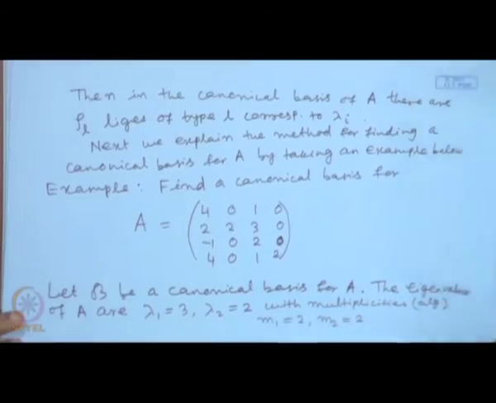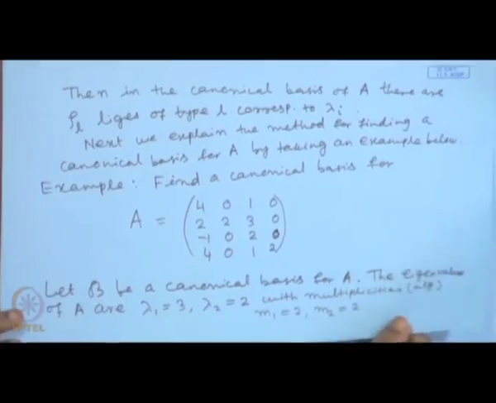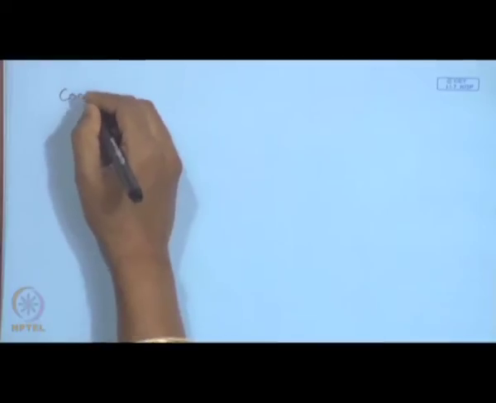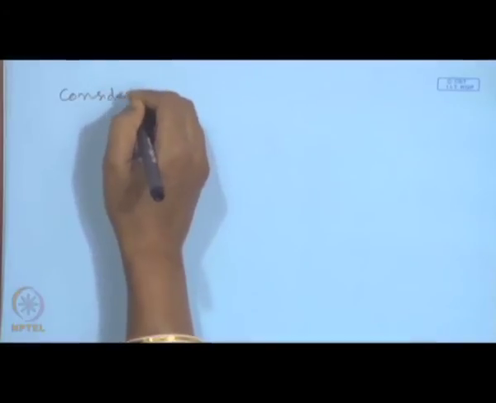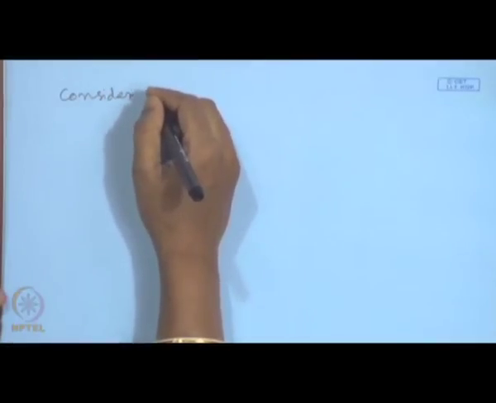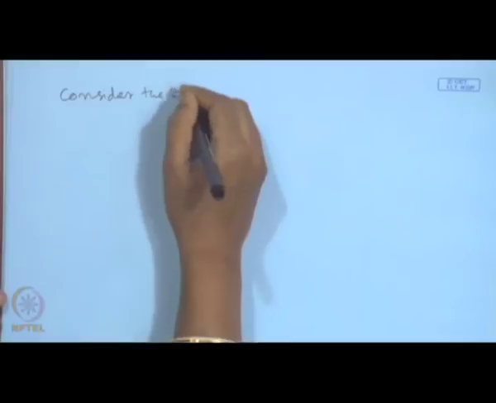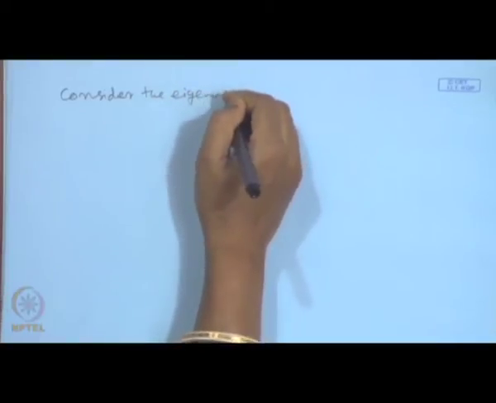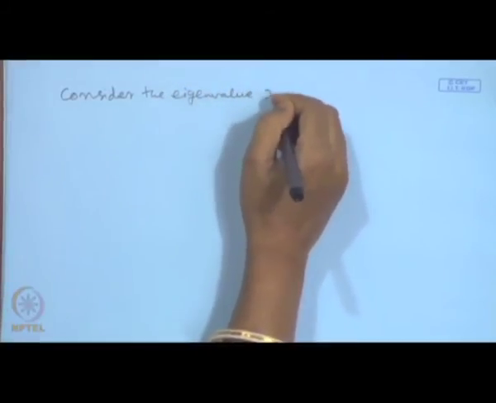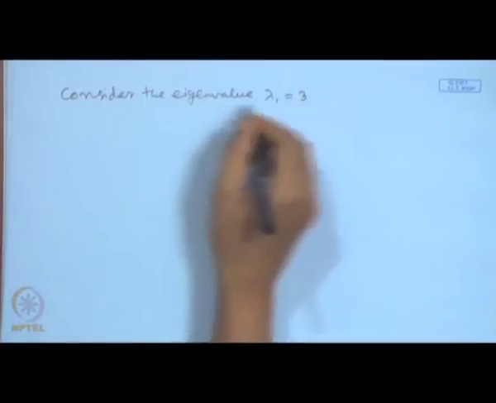So, next we shall compute the values of P_i and those rho_i. For that, first we consider the first eigenvalue, lambda 1 is 3.